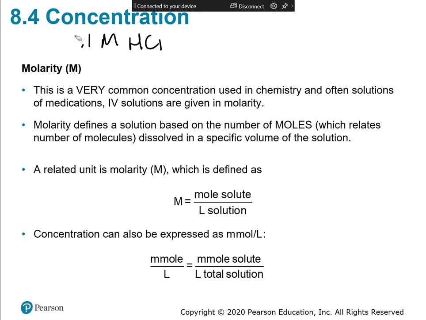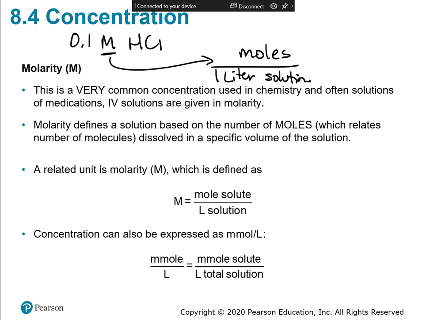If you looked at that Erlenmeyer flask on your lab bench, it was 0.1 M, capital M, and then HCl. That capital M stands for molar, and it stands for a value, molarity. The capital M means moles per 1 liter of solution.